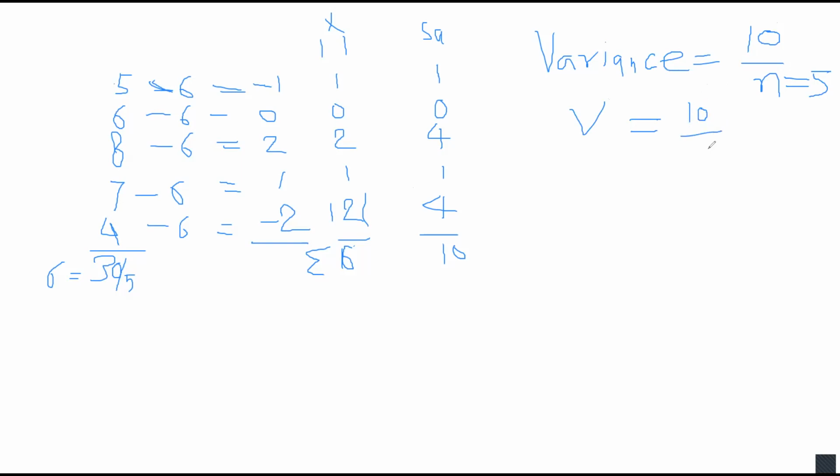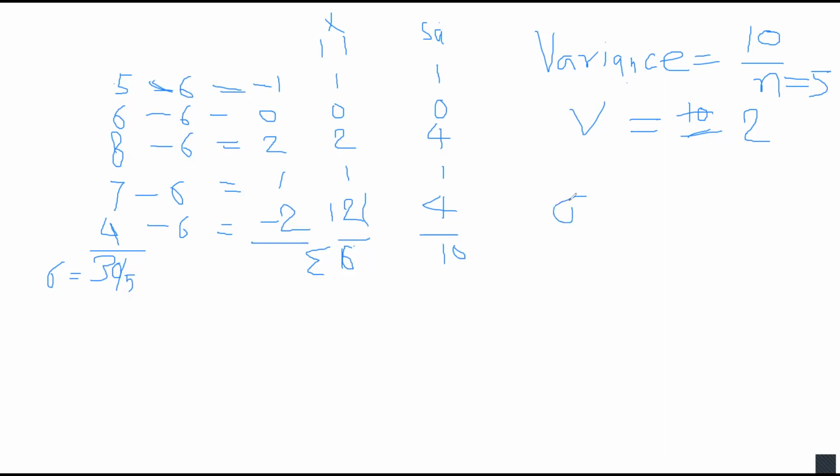So variance is equal to 2. Now we need to do a square root. We did the square here, now we need to do the under root or square root. So what is the value?